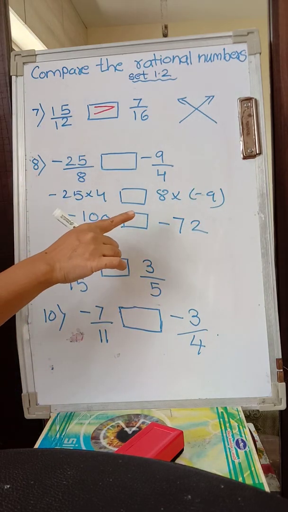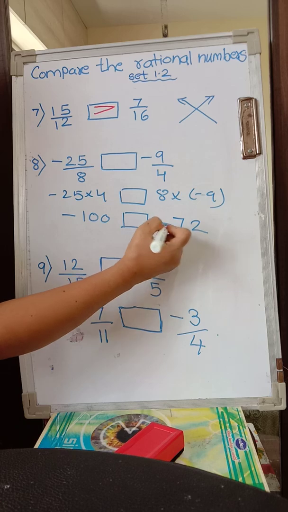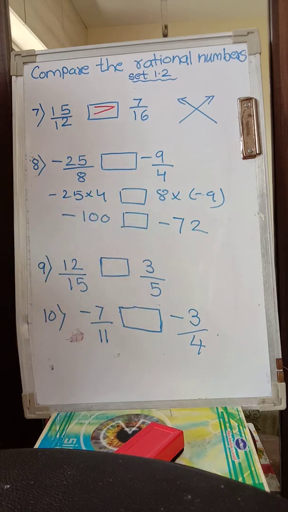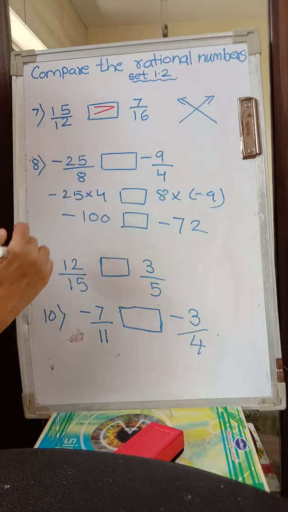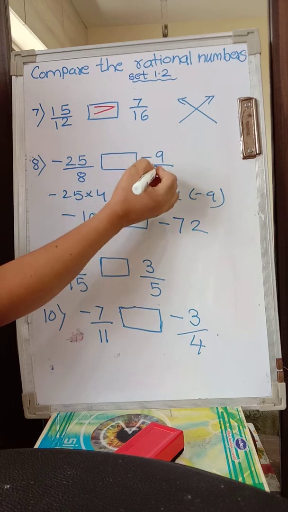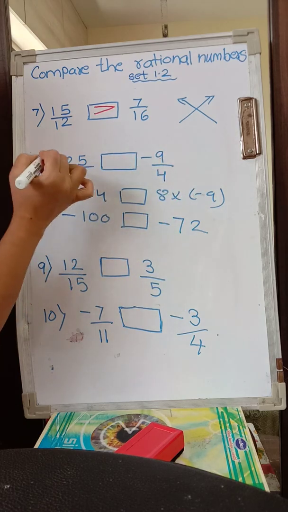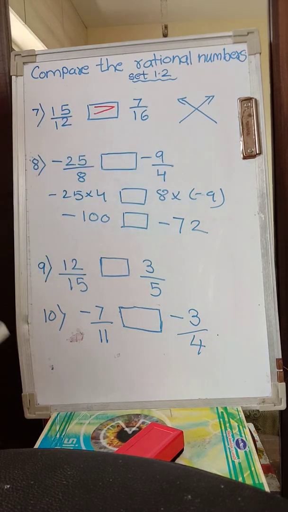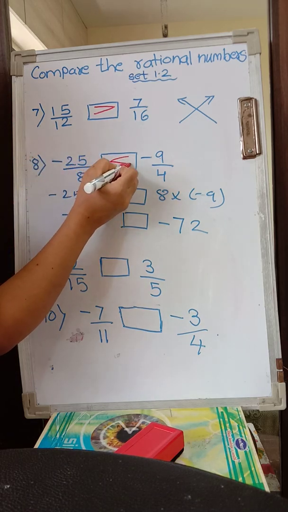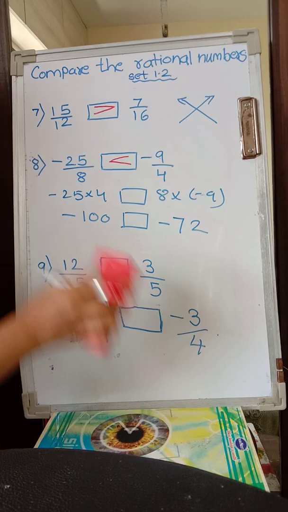Now in the case of negative numbers, minus 72 is always greater than minus 100. Minus 100 will be towards the left hand side of minus 72. So here 72 is greater. It is over this side. So this numerator product and this denominator is greater. So this fraction will be greater. So which sign will you give? Whichever is greater, legs or mouth towards that side.